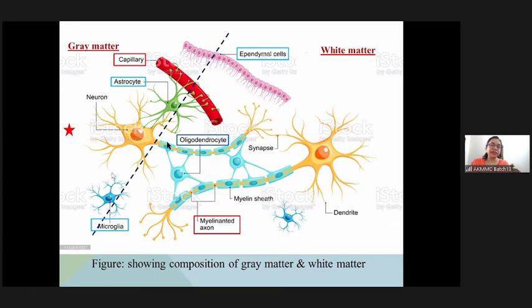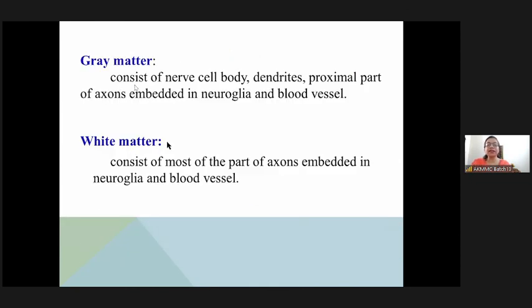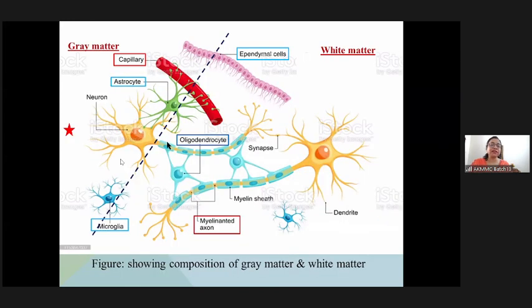If we want to know the composition of gray matter, it consists of nerve cell body, dendrites, proximal part of the axon embedded in neuroglia, and blood vessels. Embedded, why? Because they form the supporting framework and give nutrition.